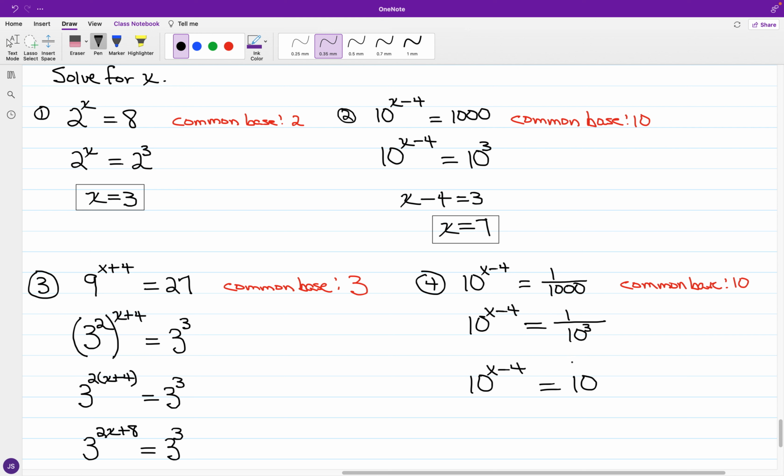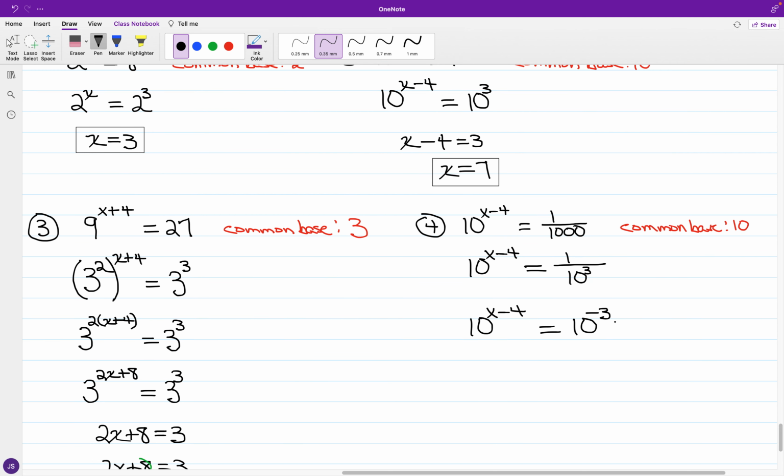So we've got our inverse rule or reciprocal property. The reciprocal of a numerical base to a positive power is, in direct terms, that exponential base to the negative power. So 1 over 1,000 in terms of base 10 is 10 to the negative 3. So now I have single base 10 terms.